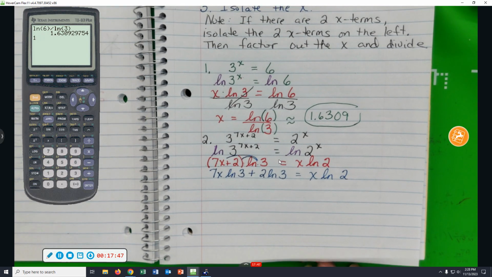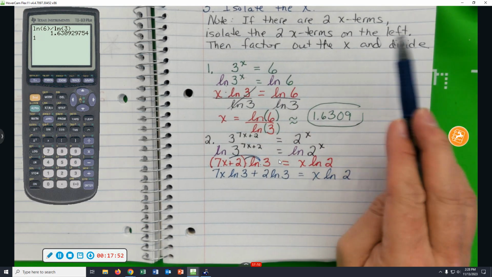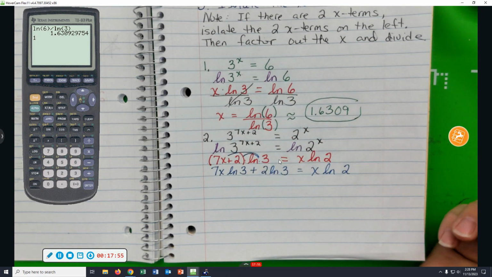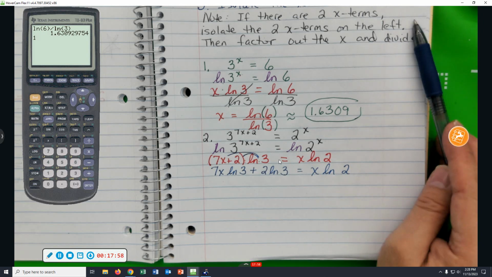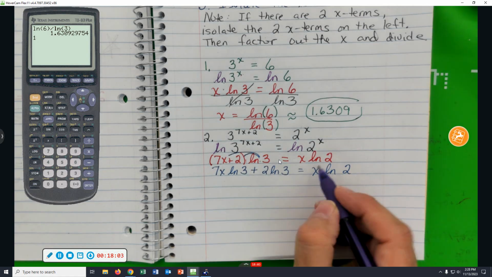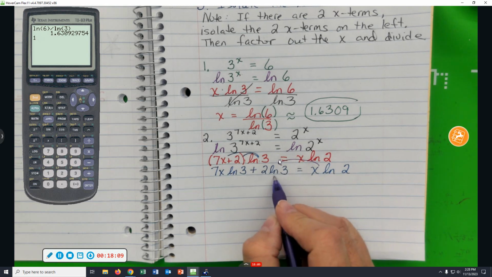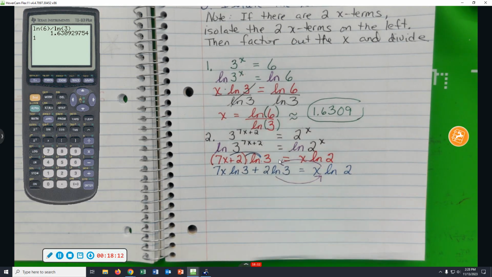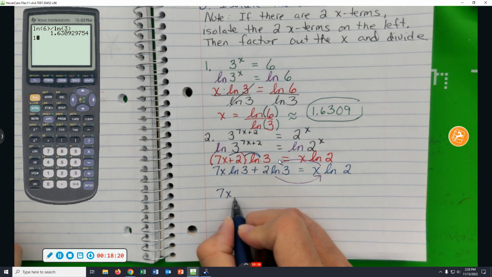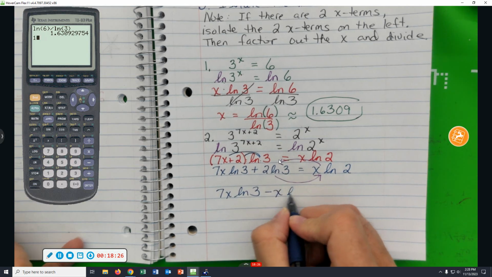So I'm now looking at this note. If there are 2 x terms, isolate the x terms on the left. It doesn't really matter which side you use, but I usually just put it on the left. So if I want to put the x terms on the left, this term I'm going to have to move over to the left. This term I'll move to the right. So you have 7x ln 3 and then a minus x ln 2.